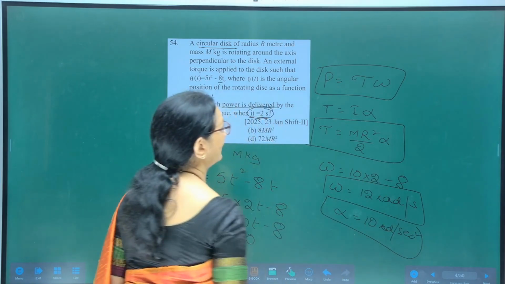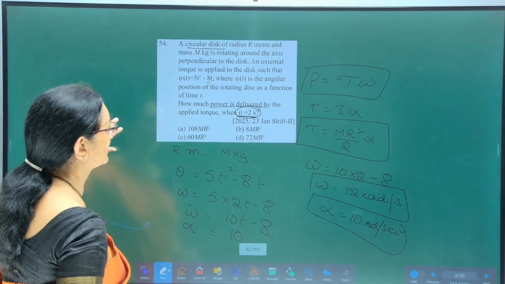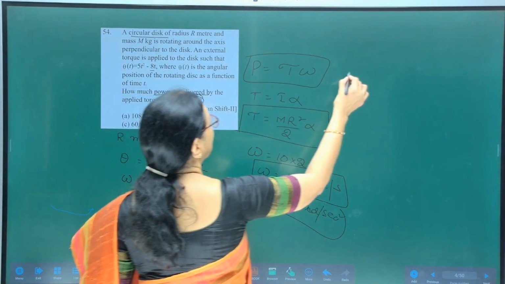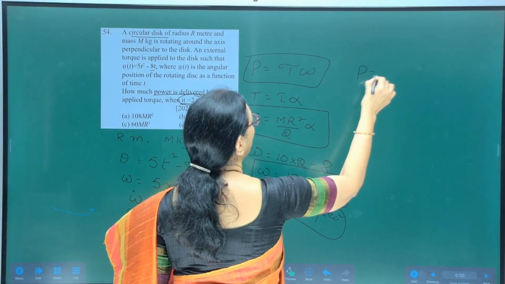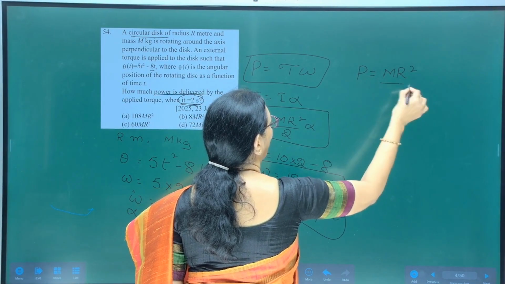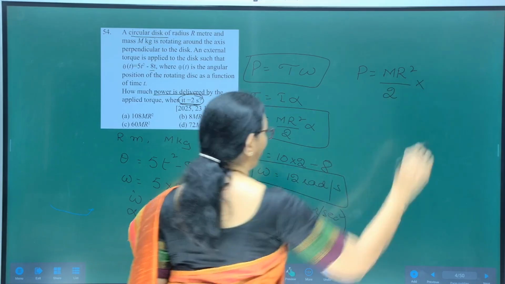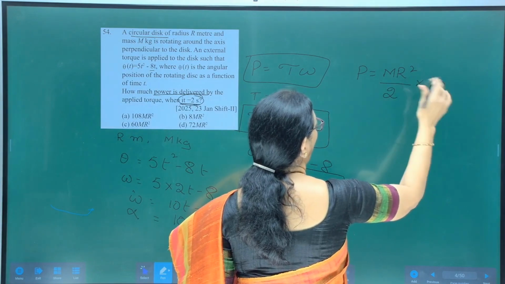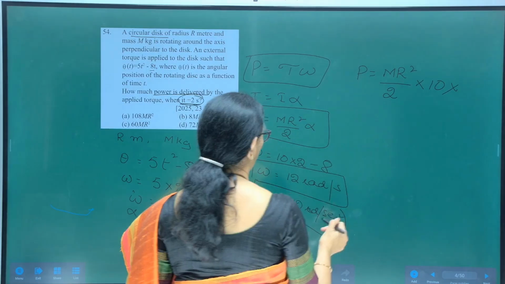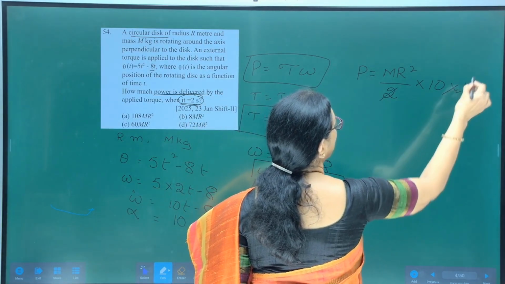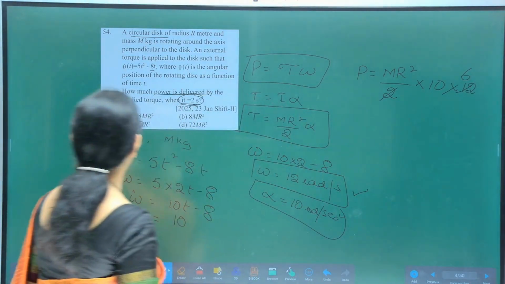If you substitute all the values in the expression for power, power is equal to tau, where I is mr square by 2 and alpha is 10, I alpha, into omega, which is 12. So this is 60 mr square.